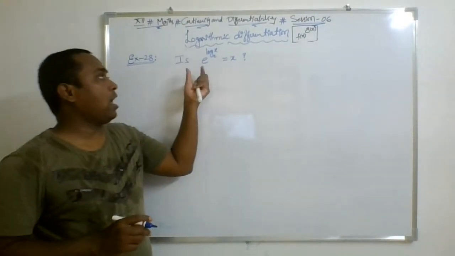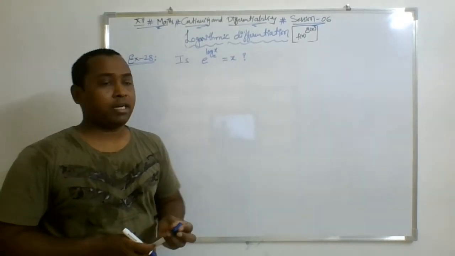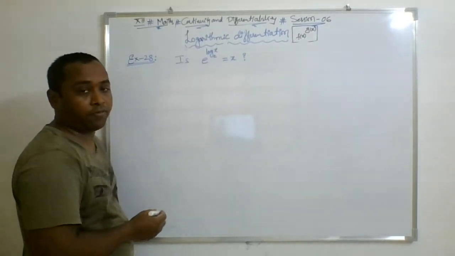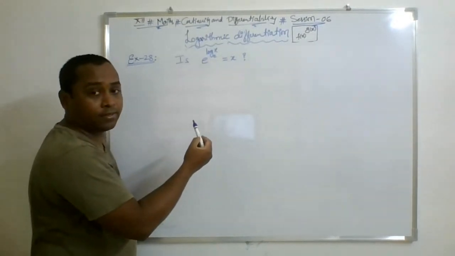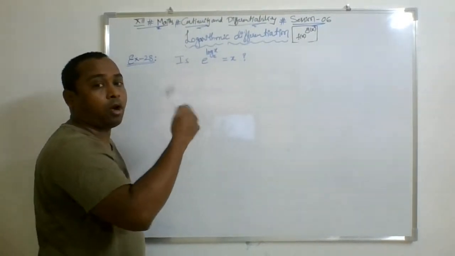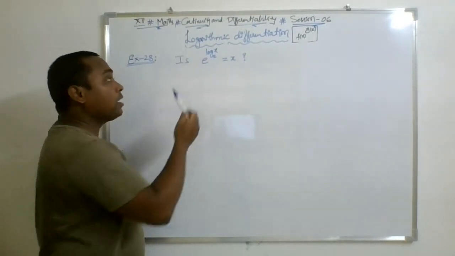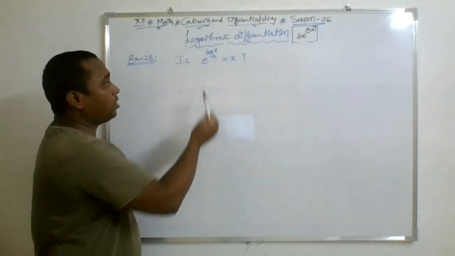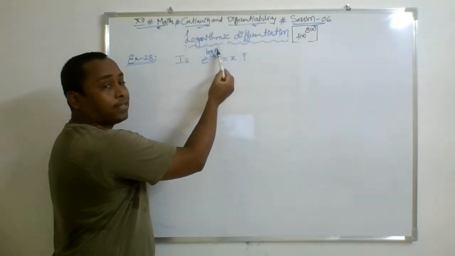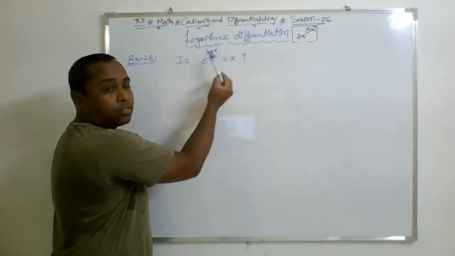So first of all, will the value of e to the power of log x be x? To define that, first you need to look into the function. It is in the form of the exponential function e to the power of x. But in place of x we have log x, hence it is called a composition of two functions, function of function. To define it, look at the inside function first, where log x is written. The log x function is only defined where x is positive.